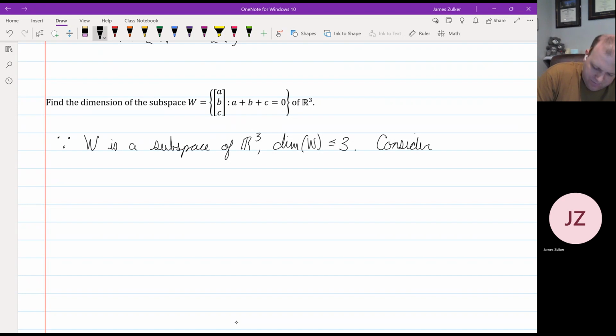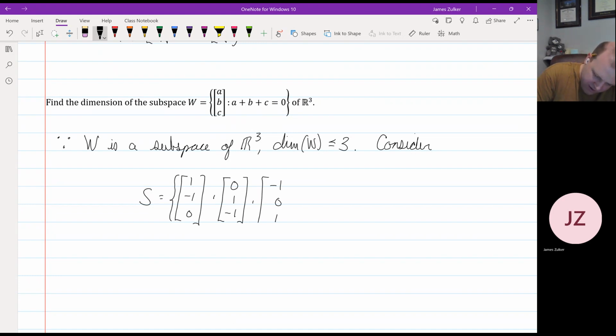Let's consider the set S: 1, negative 1, 0, which is clearly in W; then 0, 1, negative 1; and finally negative 1, 0, 1.